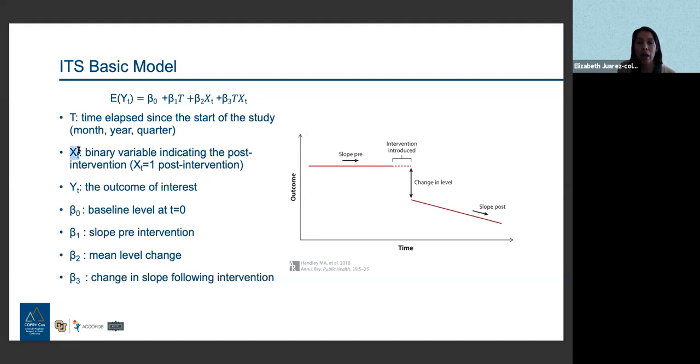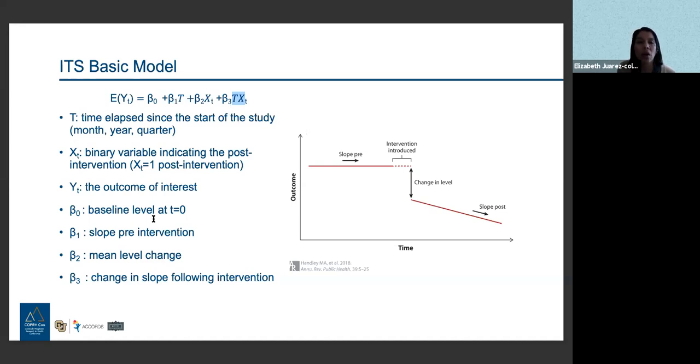That's the variable X. And we have time, and notice that we have the interaction between that binary indicator for the pre and post periods and time. What that means is that this interaction is going to allow us to have a different trend after the intervention versus before the intervention.